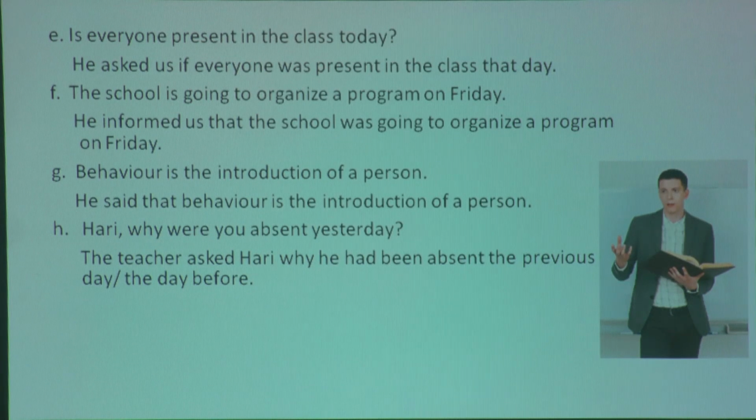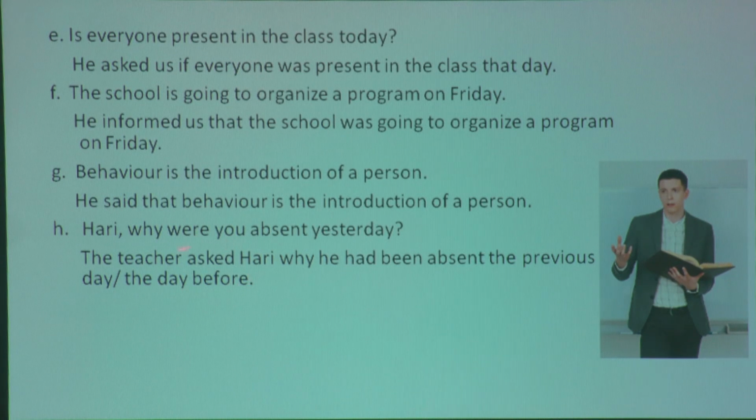The teacher asked Hari, why? Because there is no other connector we are using this time. Just as there is why in the first sentence, in the question, we are using why in the answer. That is the connector. We don't have to find any other new connectors for changing into indirect speech. And why he had been.